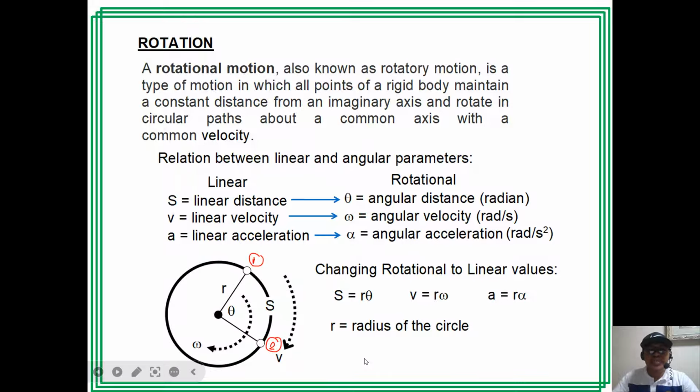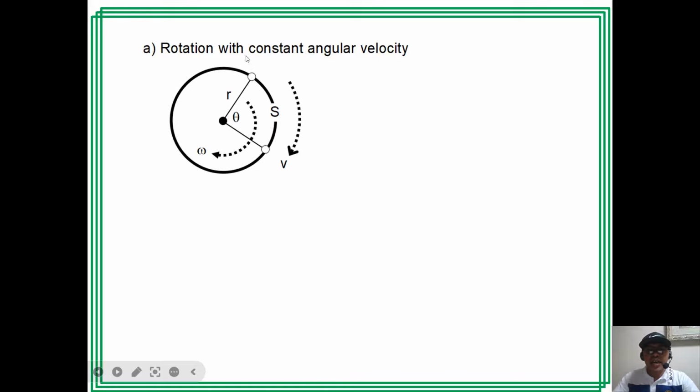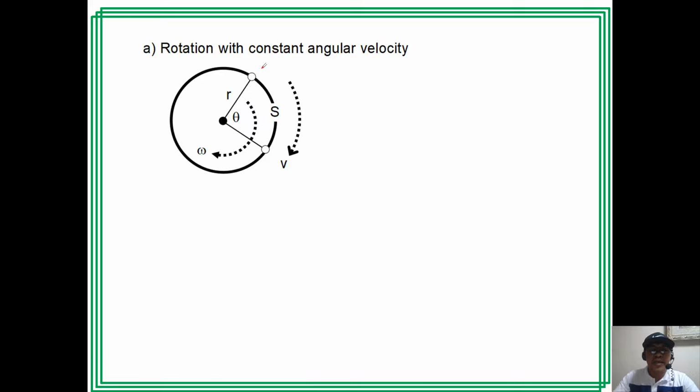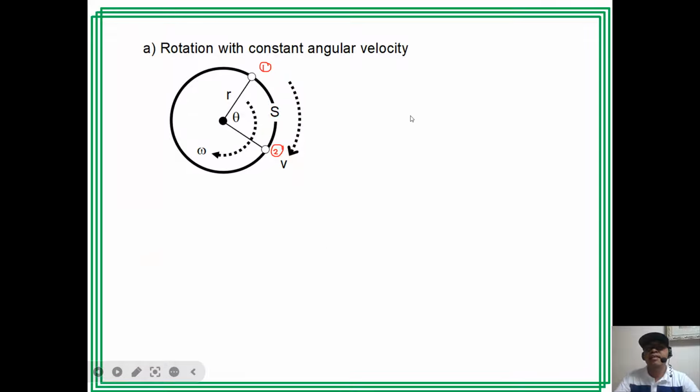We also consider two types of motion here. One is with constant angular velocity. If this is point 1 and this is point 2, the velocity here is constant, and that is omega, expressed in radians per second.